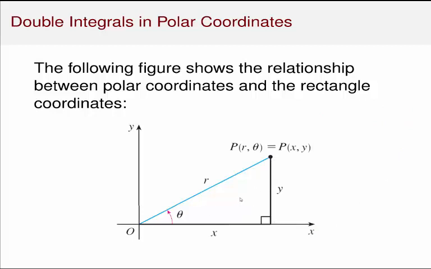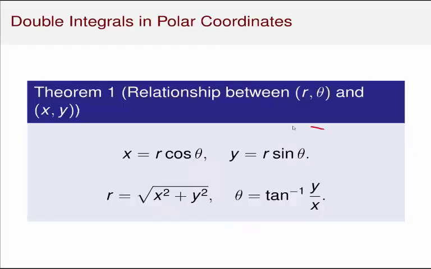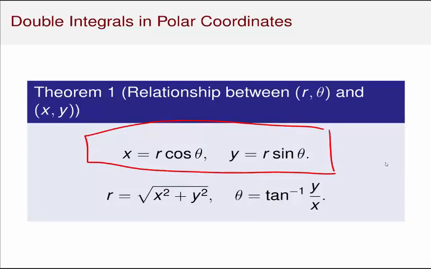Using elementary trigonometry, notice that sine theta from this right angle triangle is equal to the height of this triangle over the hypotenuse, and likewise cosine theta is the base of this triangle over the hypotenuse of the triangle. So after rearranging, we have the first 2 equations over here. And in fact, these equations hold for any values of theta between 0 and 2 pi.